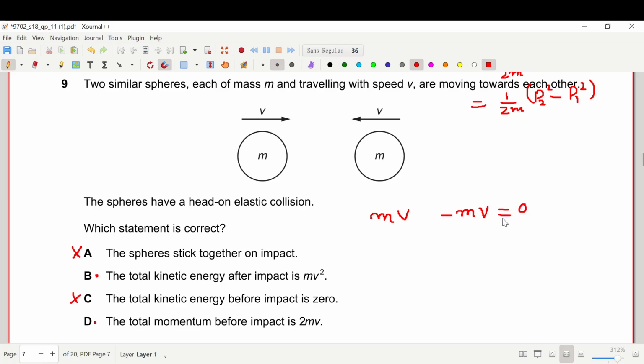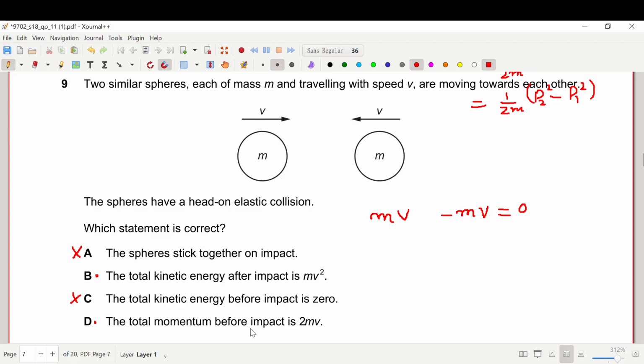Initial momentum is 0. Two spheres, each of mass m, moving towards each other. The spheres have a head-on collision. What will be the final momentum? हमें final momentum की इसकी velocities नहीं पता कि हम इसको कैसे जाएं.